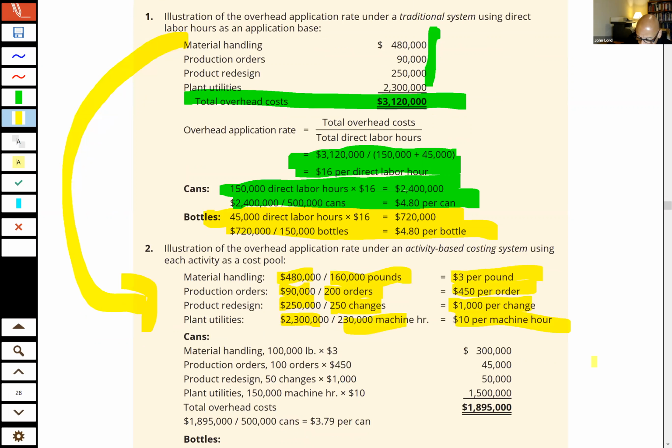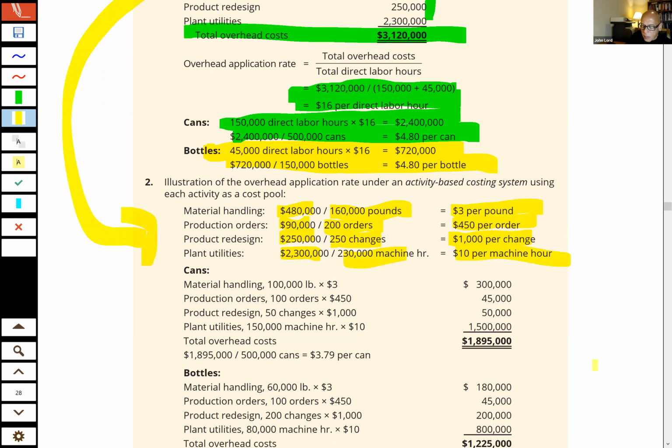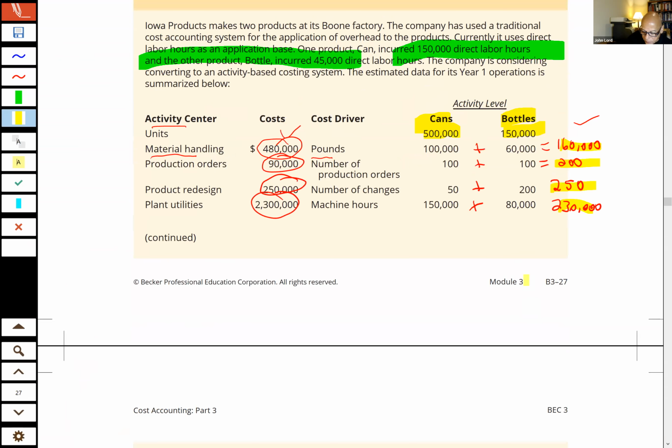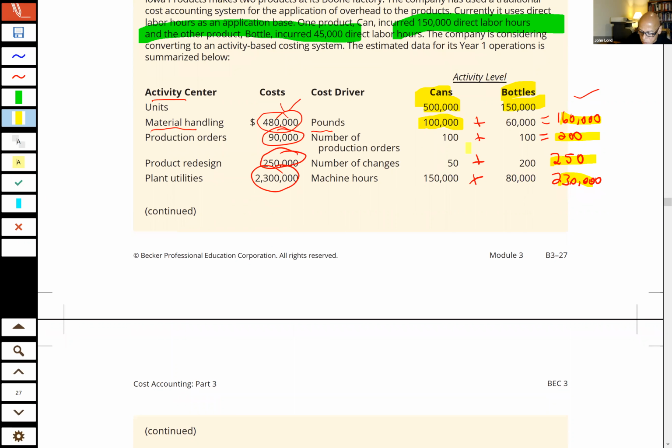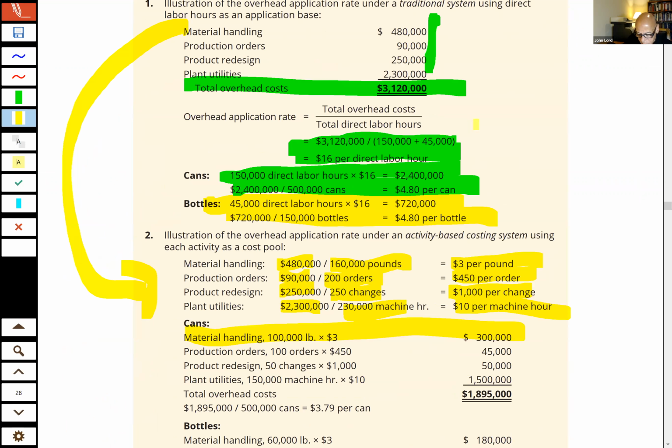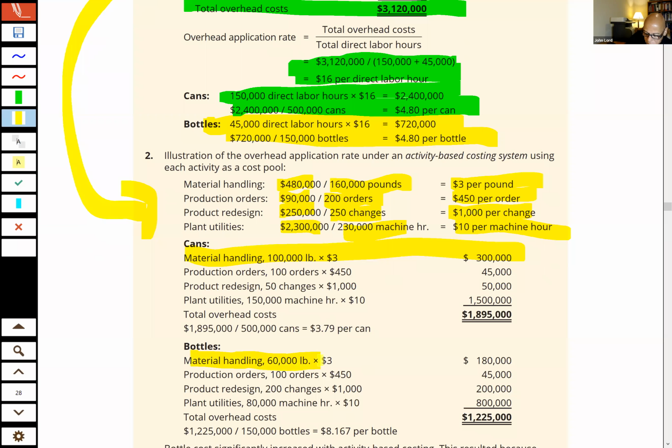And then they apply that depending on how much of that activity each product used. So for example, we saw that the cans used 100,000 of material, right? Just coming from that first page, 100,000 of material for the cans, so 60,000 for the bottles. So for the cans, we multiply that times 100,000. For the bottles, the $3 times the 60,000.